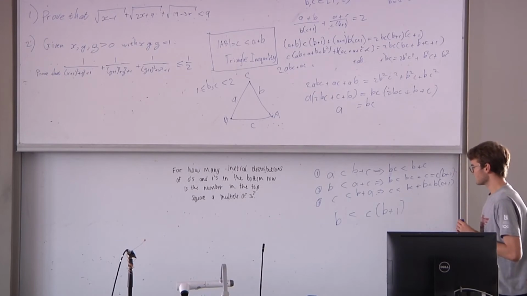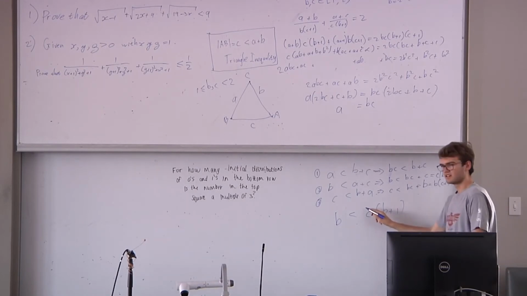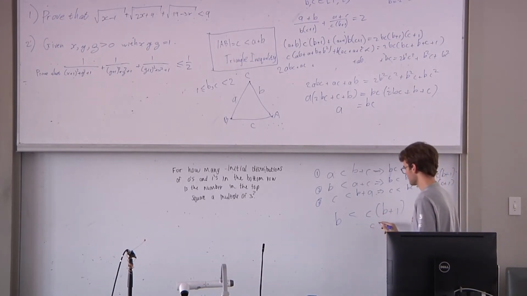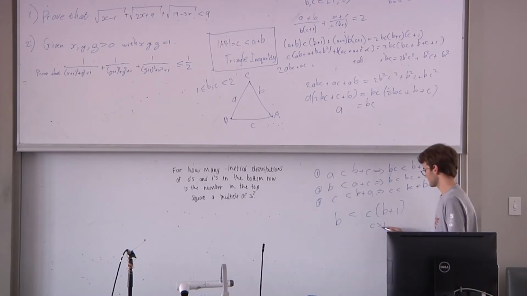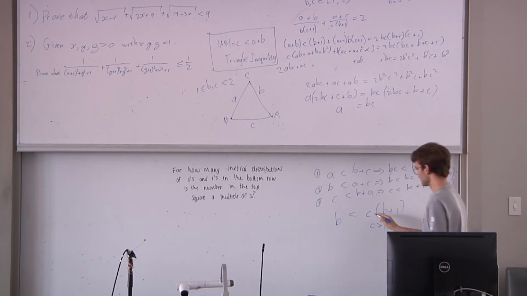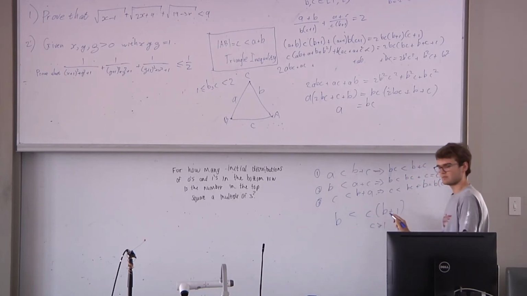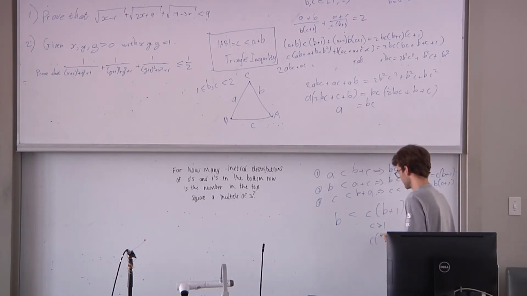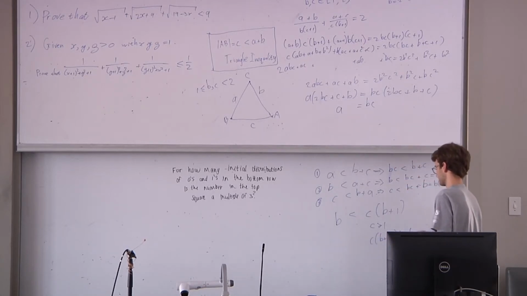So in particular, you notice that since C is bigger than or equal to 1, because it's in that interval, you need that C times B plus 1 is greater than or equal to B plus 1.